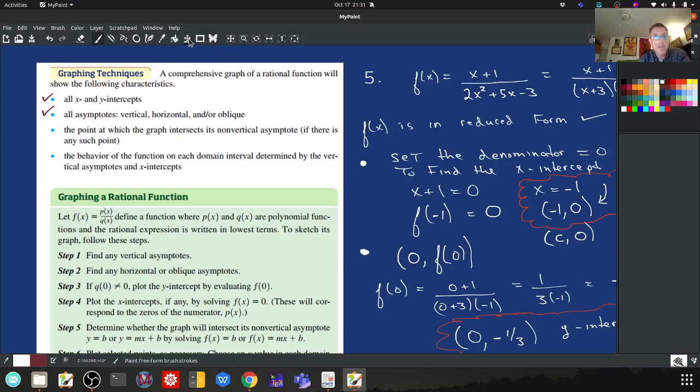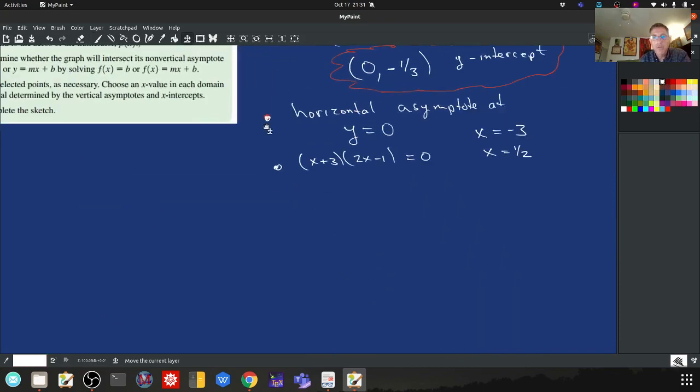We have our horizontal asymptote equal to 0, so we set f of x equal to 0, and f of x is x plus 1 over x plus 3 times 2x minus 1.